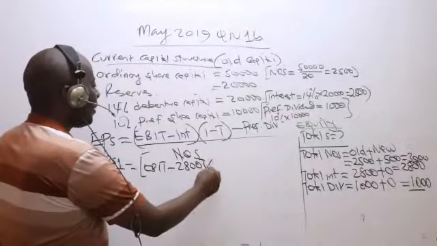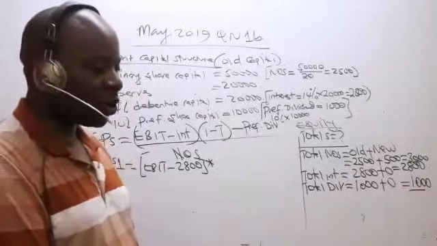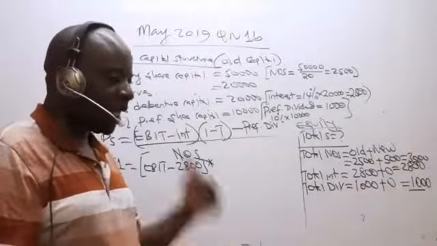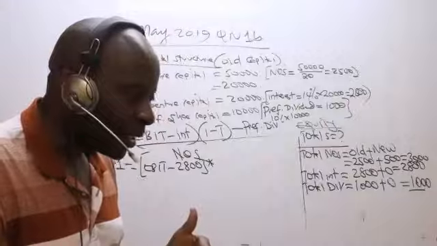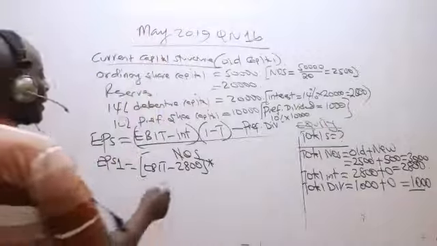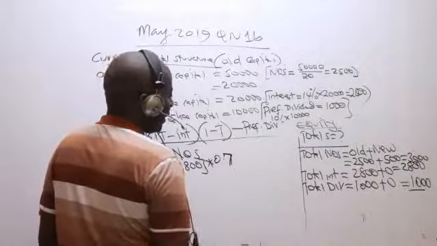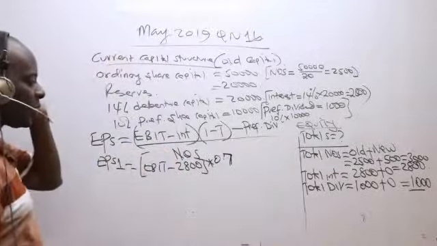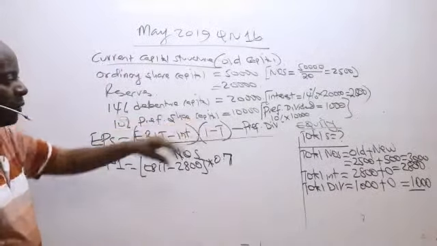As the examiner has given the rate of taxation, do you know the rate of taxation from the last point? 30%, isn't it? So 1 minus 30% gives us 0.7. In this entire scenario, are we going to have any preference dividend?